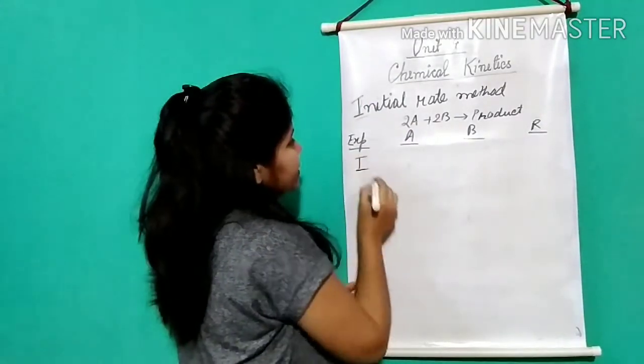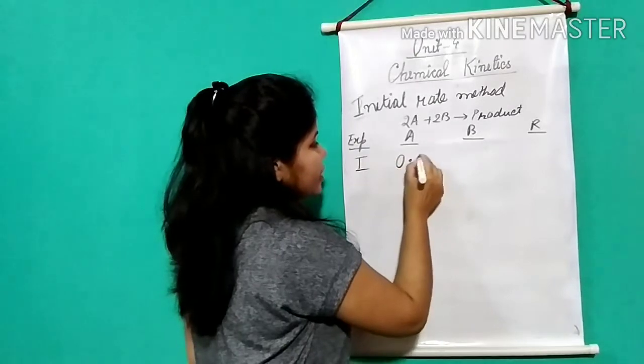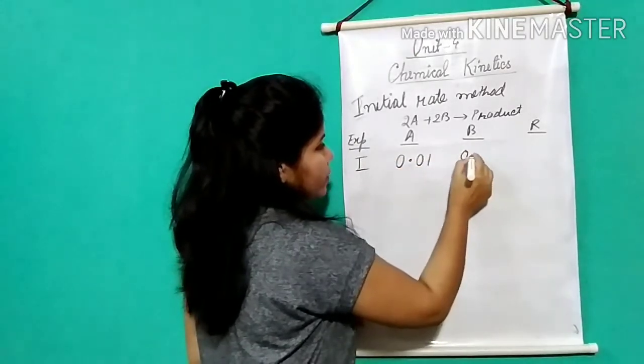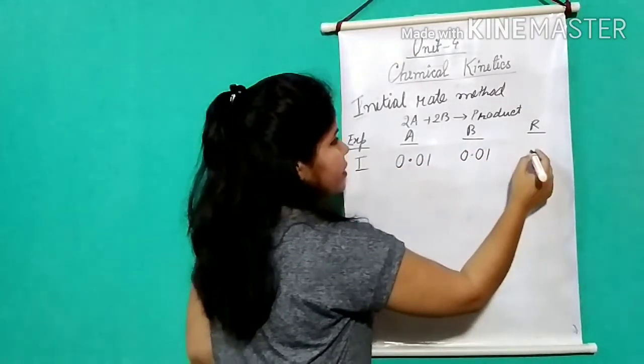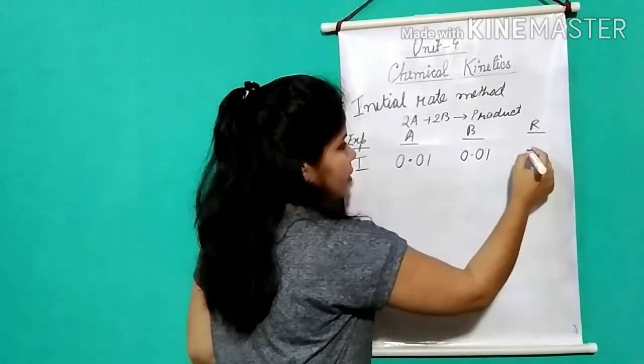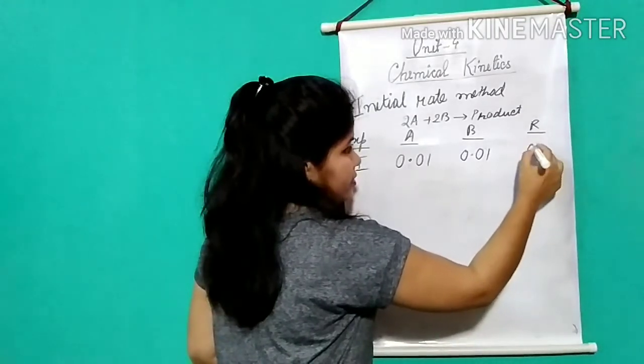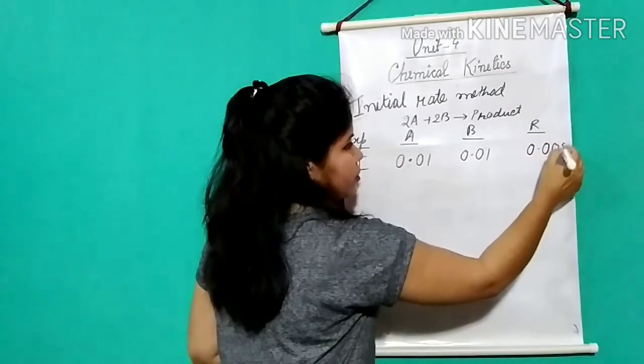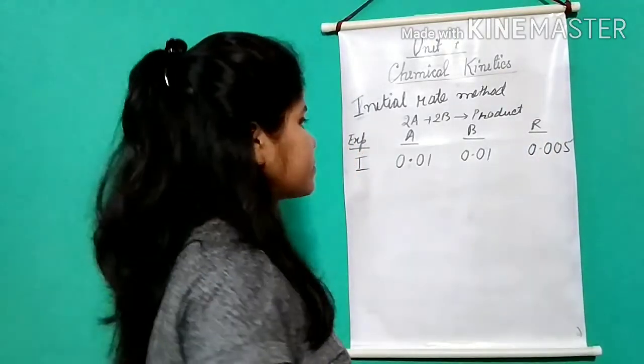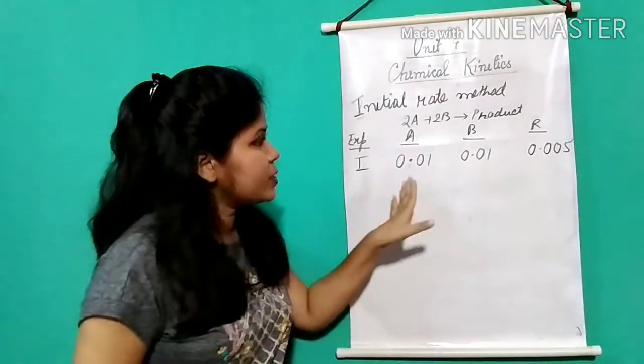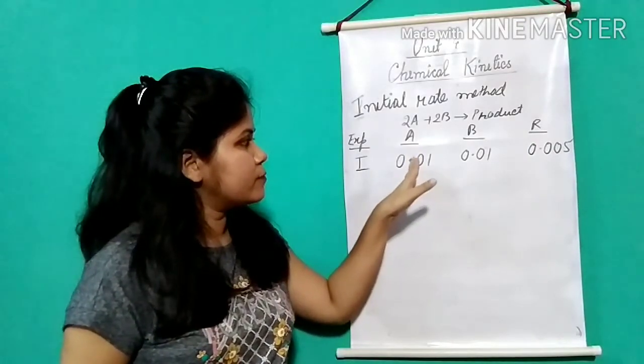For the first experiment, we will take some values, 0.01 for one concentration and 0.005 for the other. So in the first experiment the values will be given.